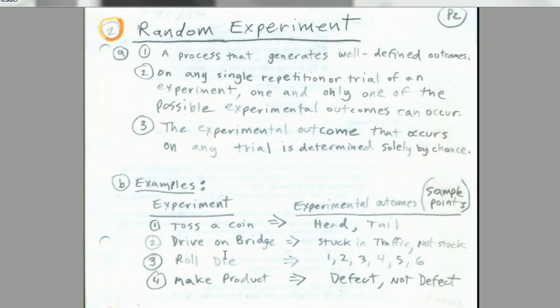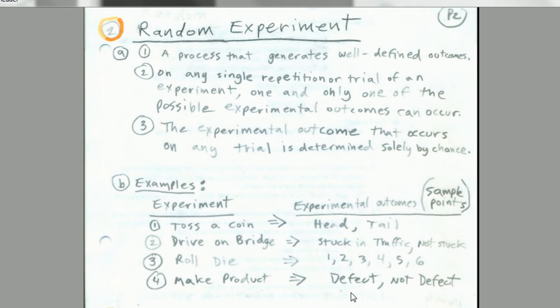Driving on a bridge and you're interested in traffic, you either get stuck in traffic or you don't get stuck. Rolling a die, there's only 6 possibilities. A product coming off of an assembly line, it's either defective or not defective.